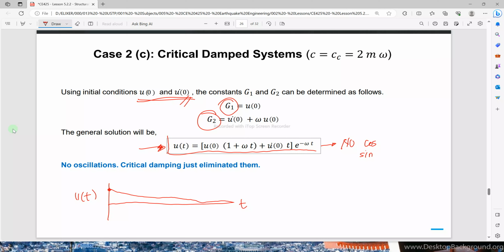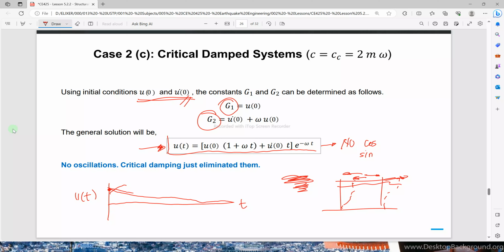So the moment that you apply the force, the structure will not cycle, it will not vibrate back and forth until it comes to rest. In a critically damped system, the moment you apply the force or the displacement, it will come back to its original position without oscillation.